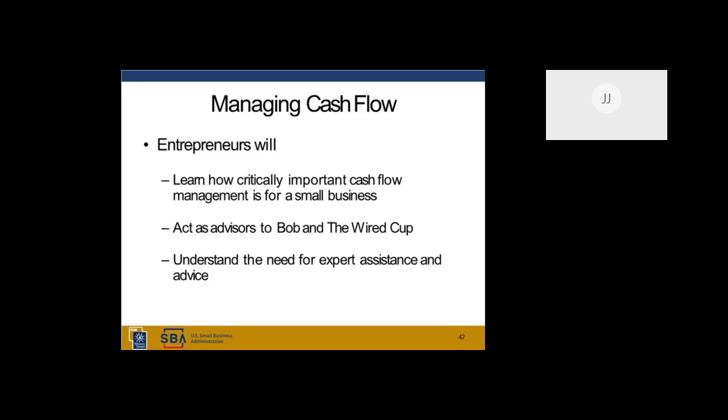Just to kind of summarize here, again, there are 13 modules that are all out of the box and ready to go. So you can really pick up just one of these modules or two if those are the topics that are most relevant to your client. All these modules in the curriculum, the materials are free and completely customizable, both to meet your training needs, or to meet the needs of the entrepreneurs and community that you serve.